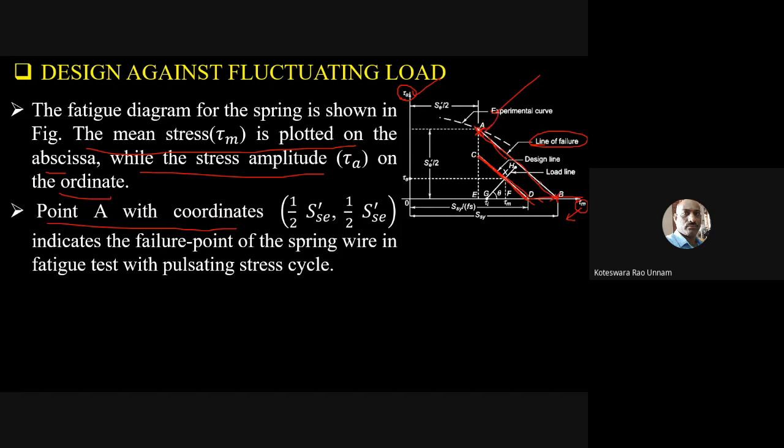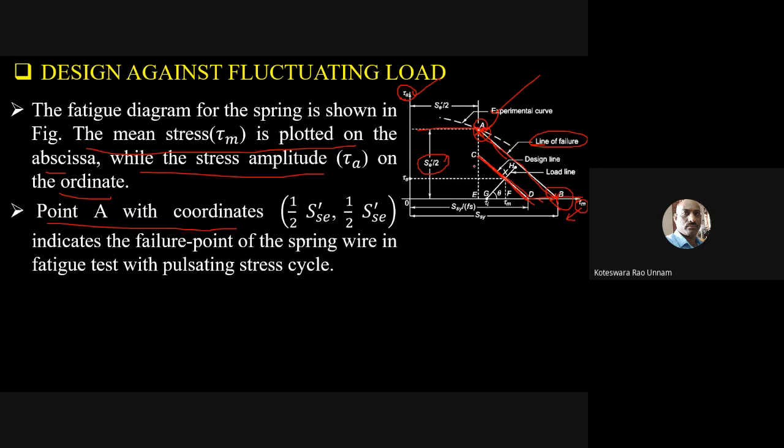A and B are the points of your failure line, and C and D are the points of your design line. Now I need to see the coordinates for A and B. For A, it is going to be SSE dash by 2, SSE dash by 2.